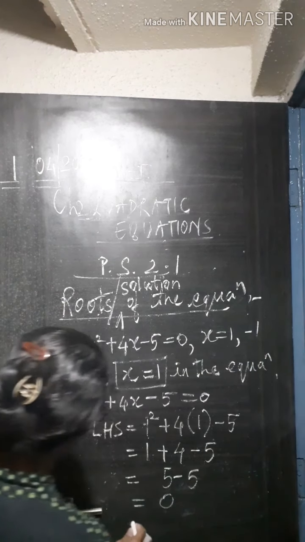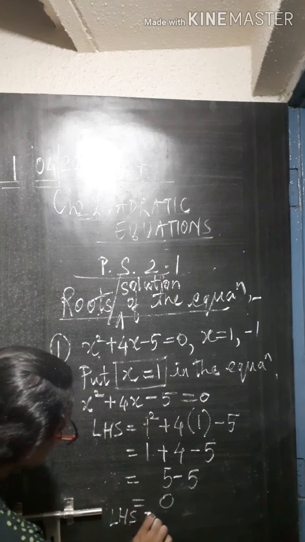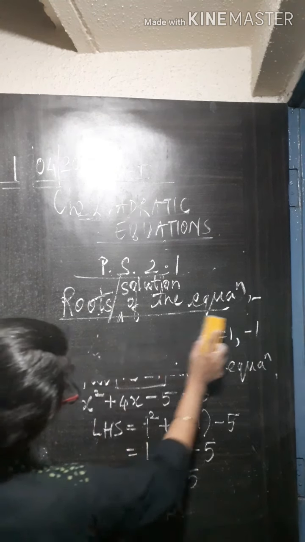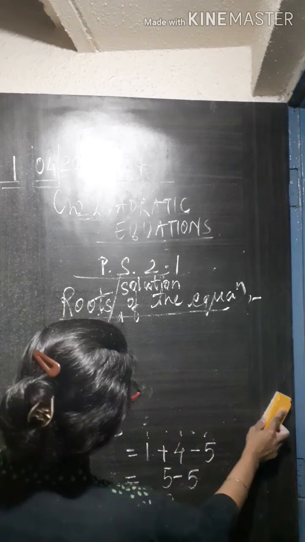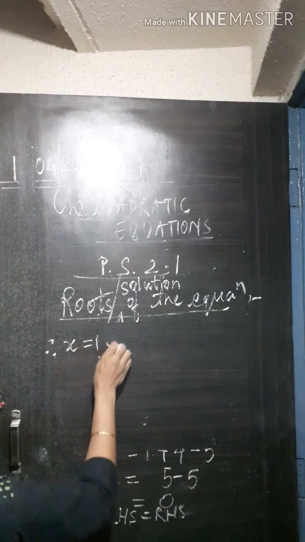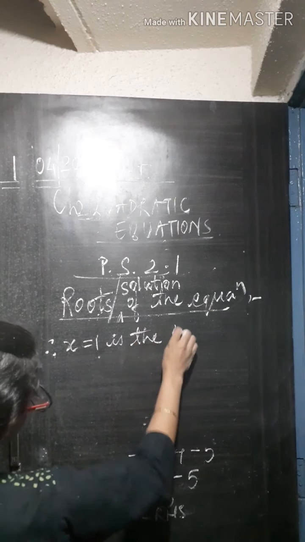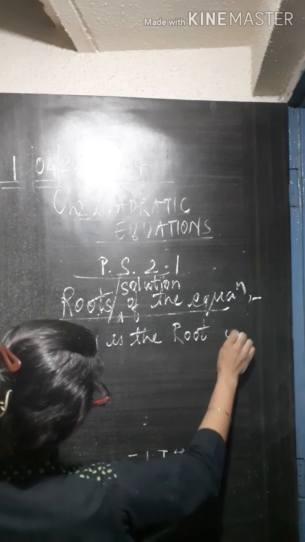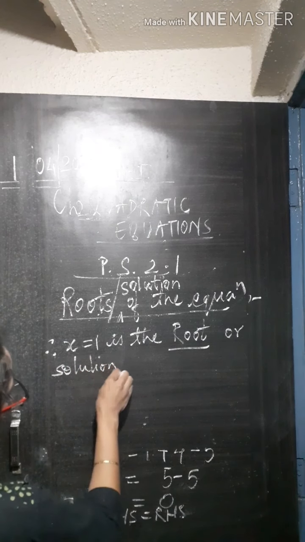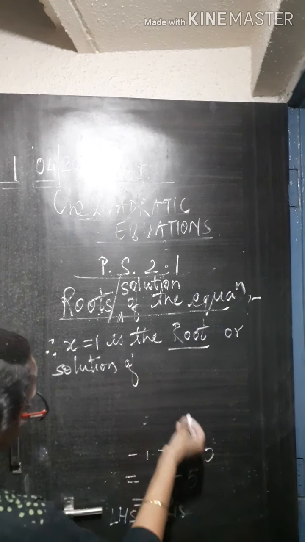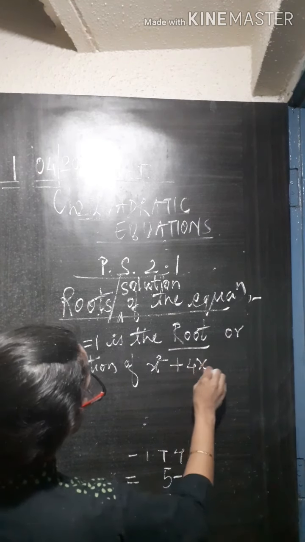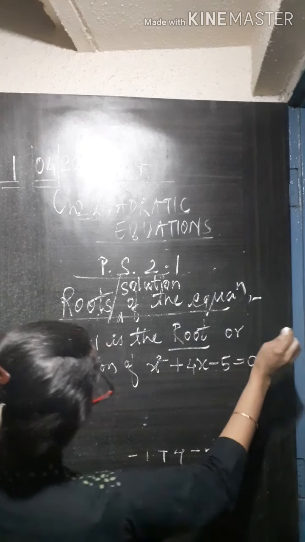So left hand side is equal to right hand side, and therefore x is equal to 1 is the root or solution of the given equation x square plus 4x minus 5 is equal to 0.